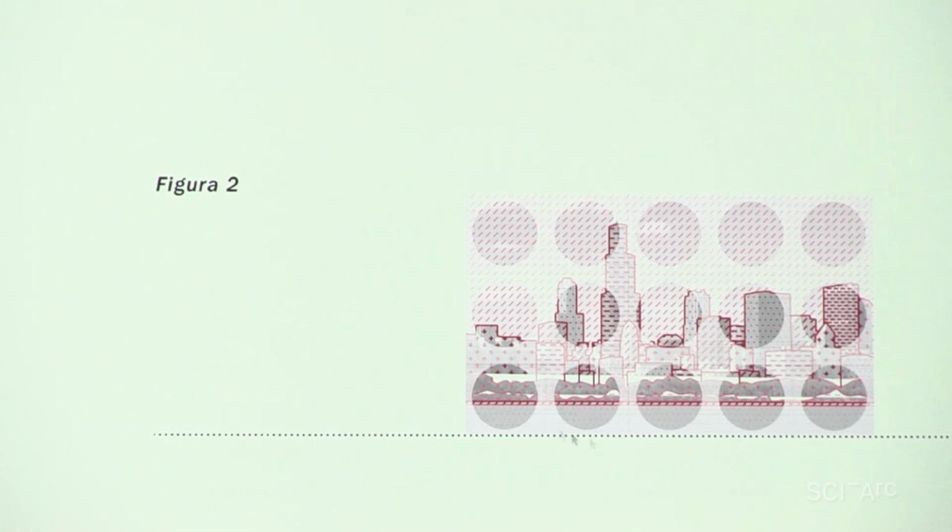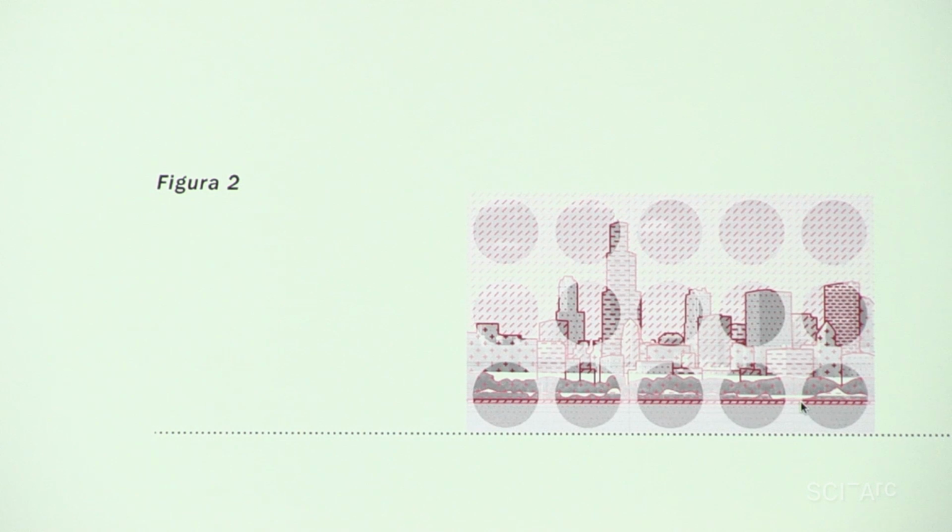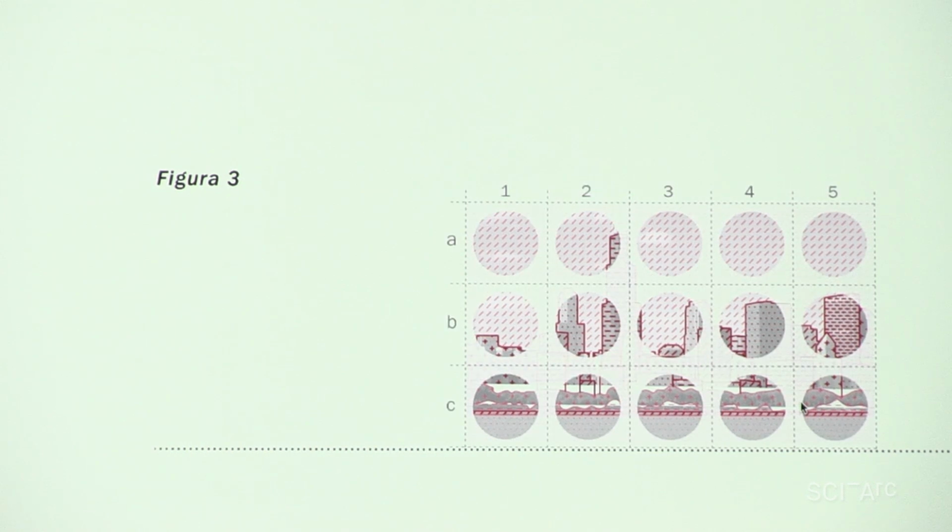So the first thing that we do in any of the projects is trying to draw the patterns, draw what is already happening in the place in terms of social capital or environmental capital.